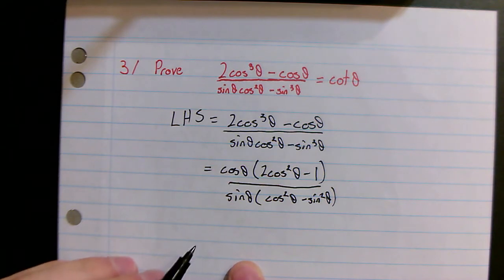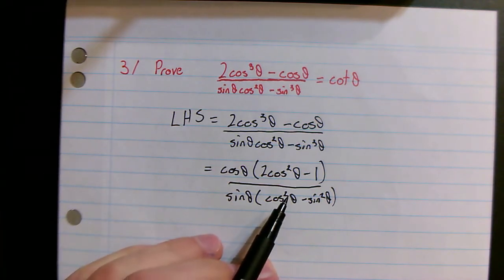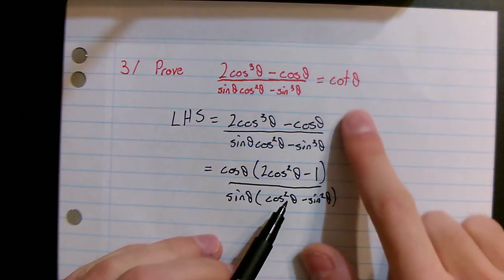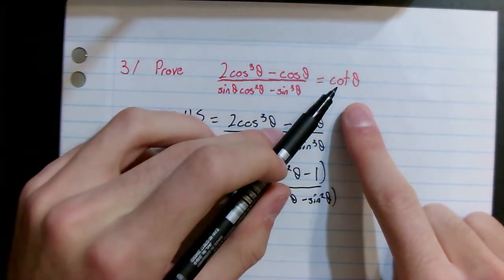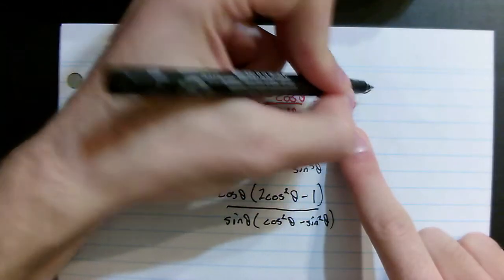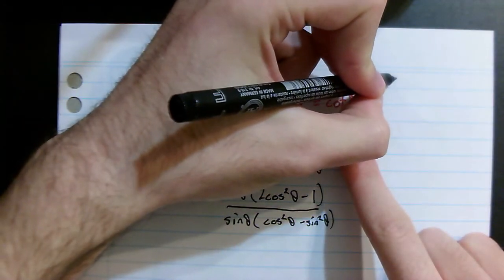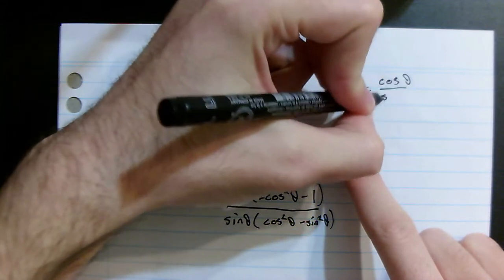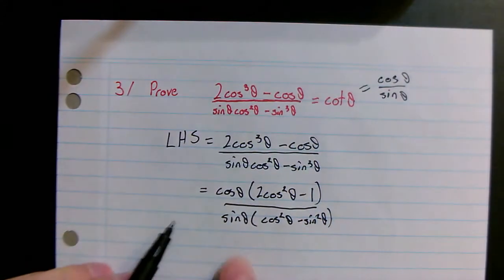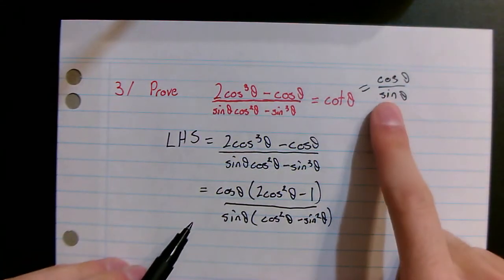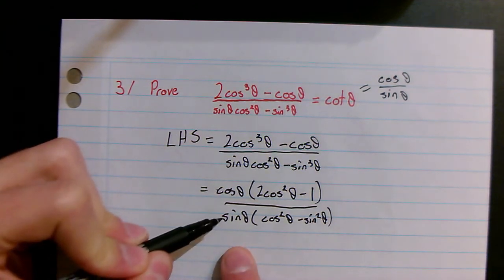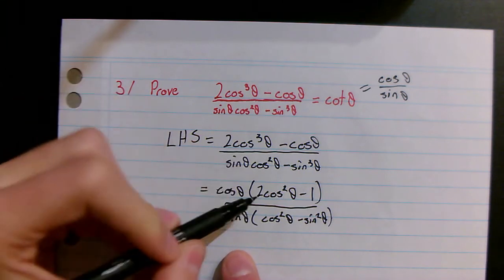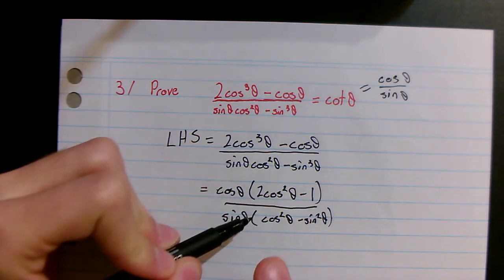Now one thing I'd like you to notice is that we should always be keeping in mind our goal, and our goal is cot theta. And remember, cot theta is basically cos theta over sine theta. And what I notice is that I've already got a cos theta over sine theta here, which should hint to me that this over this should be 1.